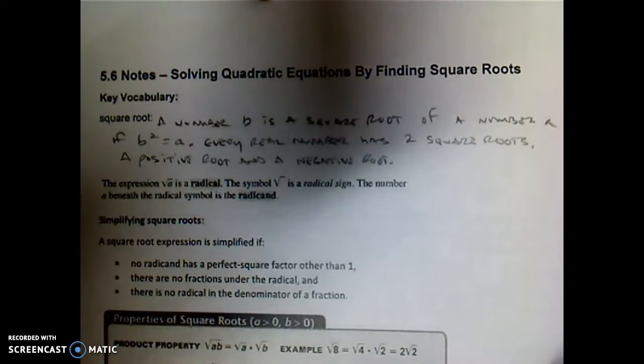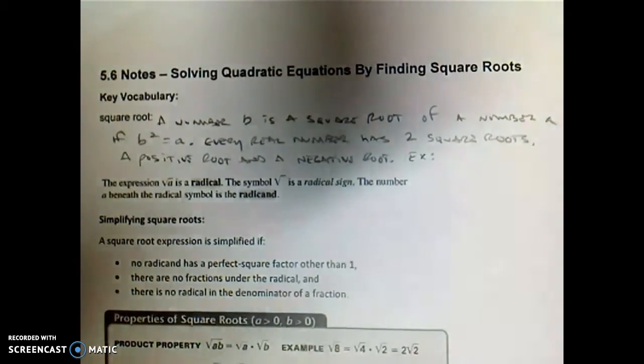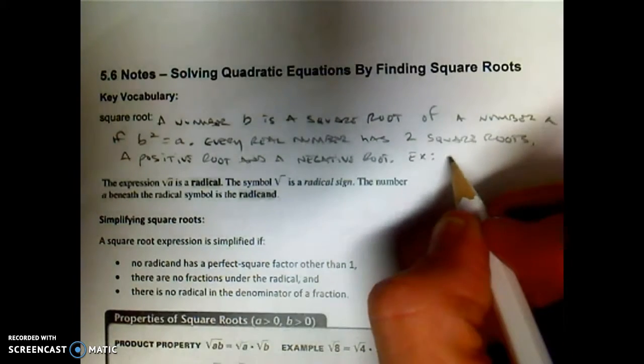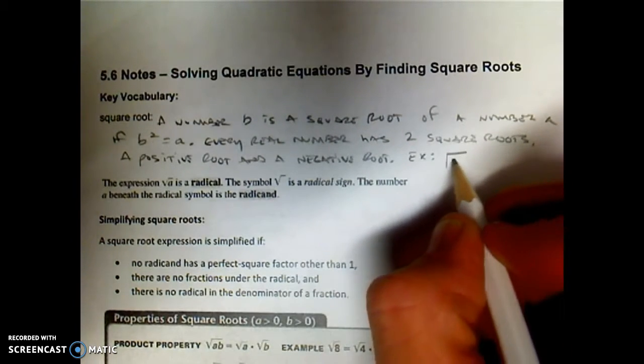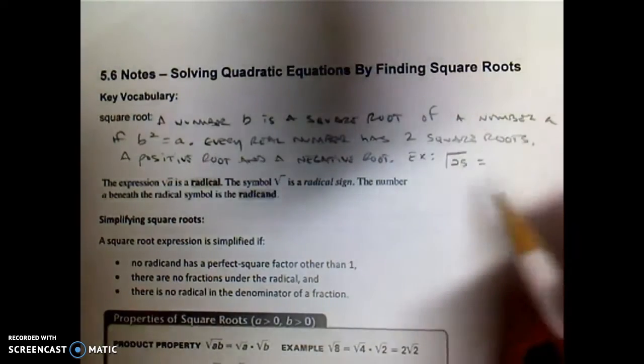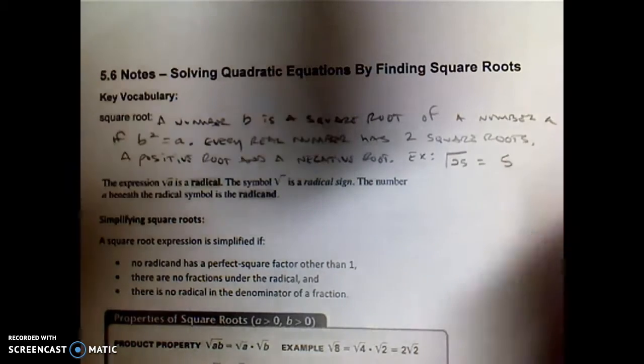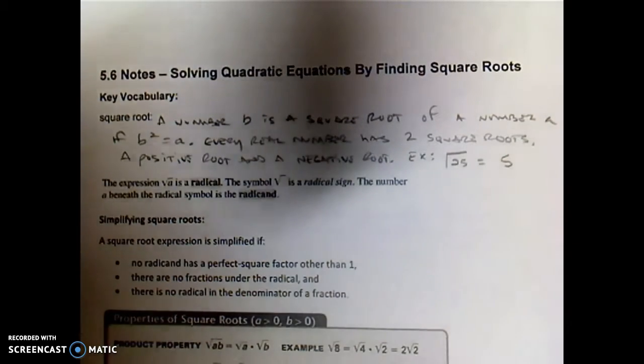So let's look at a quick example that brings all of this together. For instance, the square root of 25. What number multiplied by itself equals 25? And my students would say 5. I say, great, is there another number that multiplied by itself also equals 25?